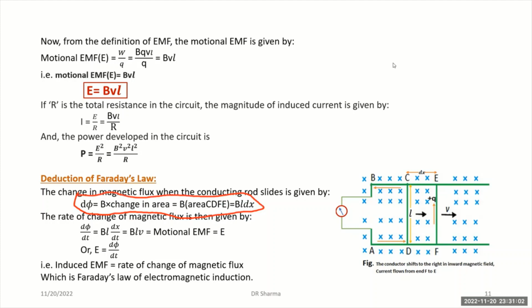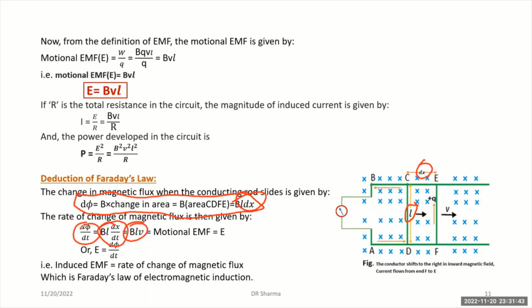The change in area here is just the rectangle CEFD. That area is equal to length into breadth, L dx. So flux change is equal to B L dx. Now the rate of change of flux is given by d phi by dt equals B L dx by dt. That dx by dt that we have already written is just the velocity of that conductor. So the rate of change of flux is equal to BLv.